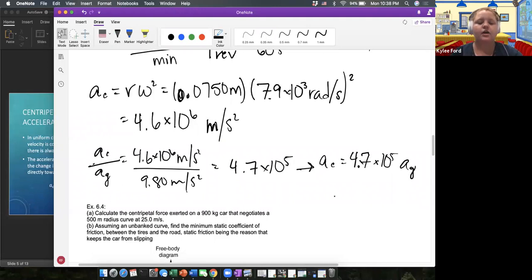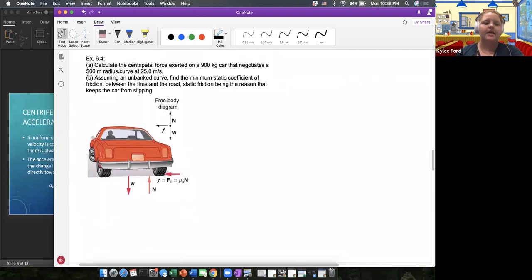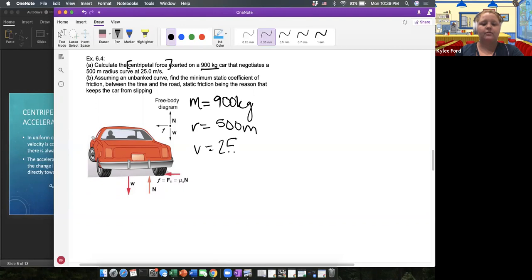All right. So moving on to another example here. This one says that we want to calculate the centripetal force exerted on a car that has a mass of 900 kilograms, that goes into a curve of a radius of 500 meters with a velocity of 25 meters per second.